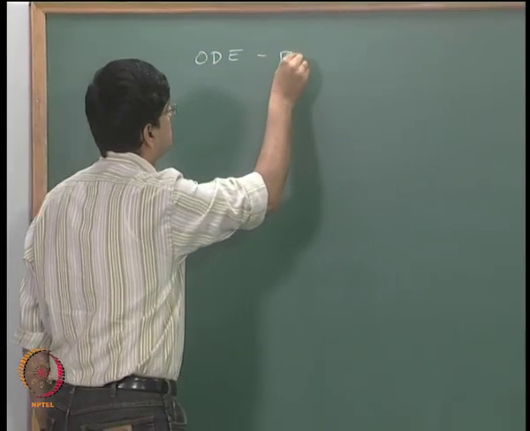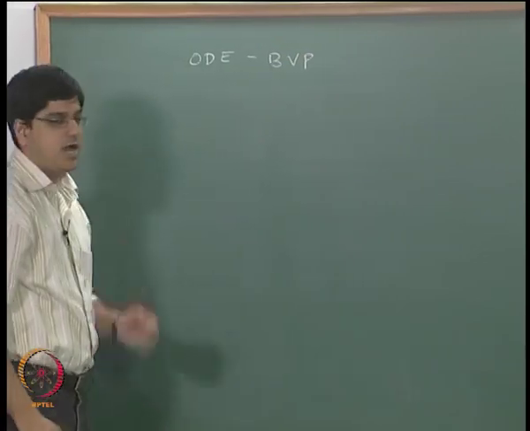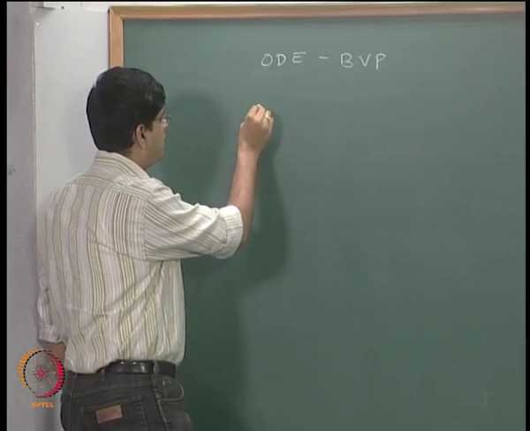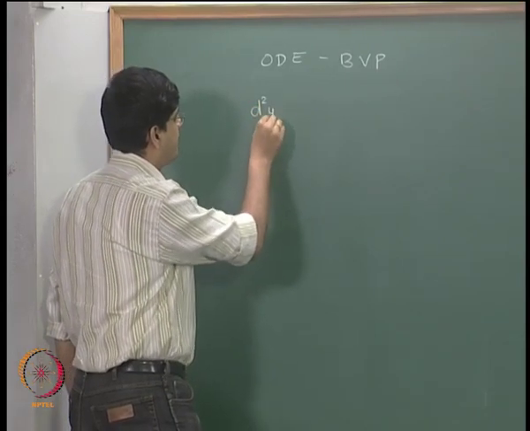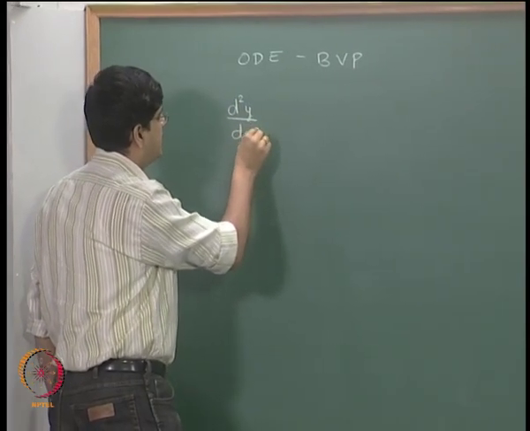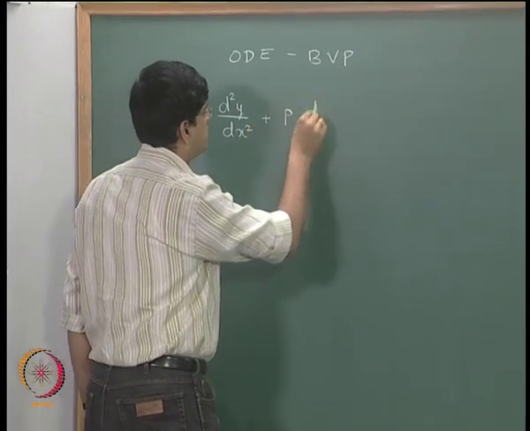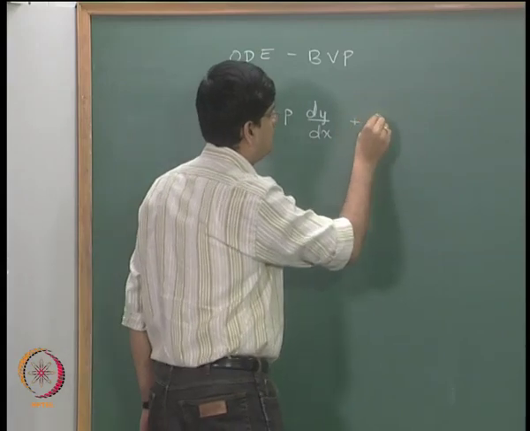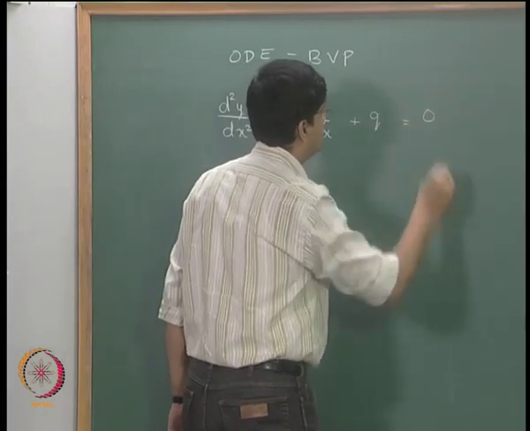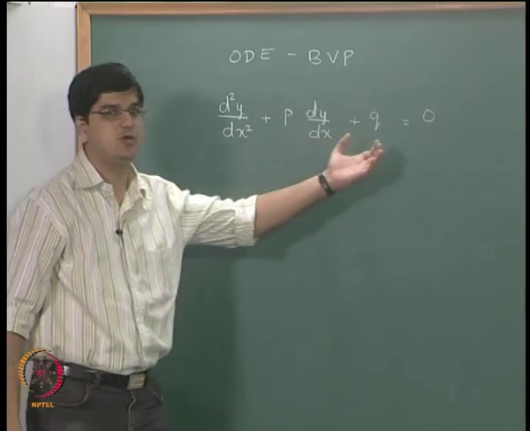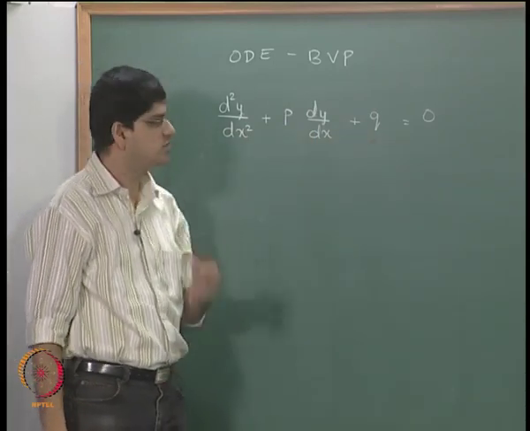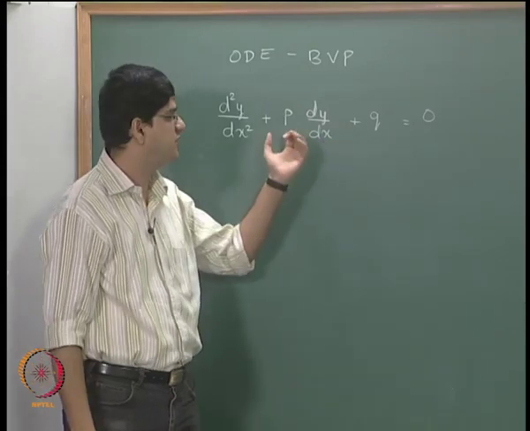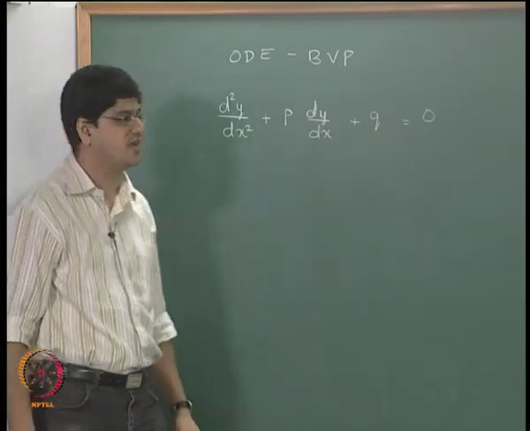The example that we took of a general ODE boundary value problem was d square y by dx square plus p dy by dx plus q equal to 0, where p and q in general can be functions of both x and y. We are not saying that p and q should be linear or non-linear functions, we let them be functions of x and y.